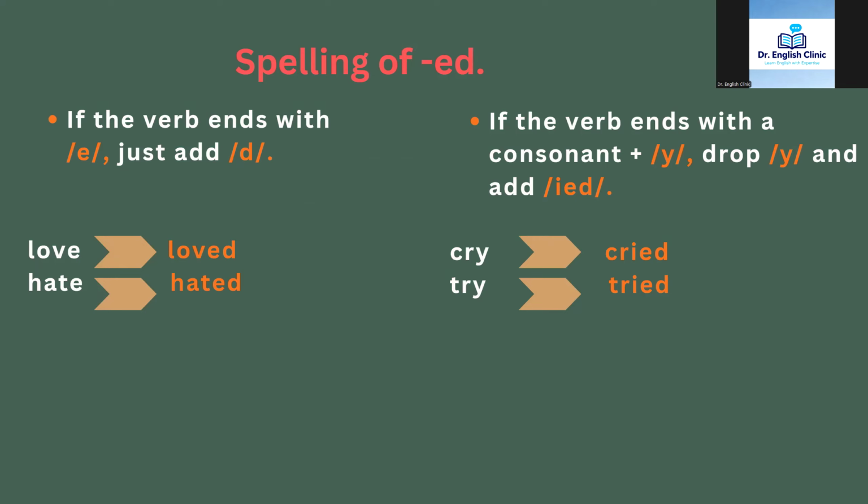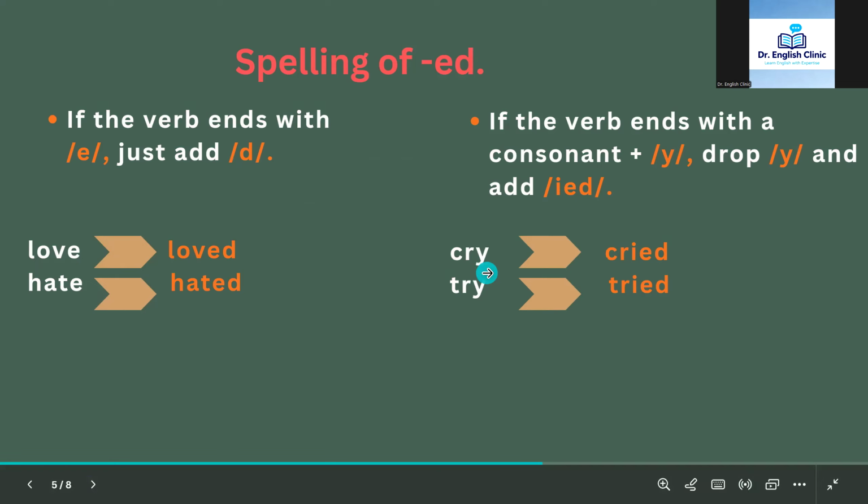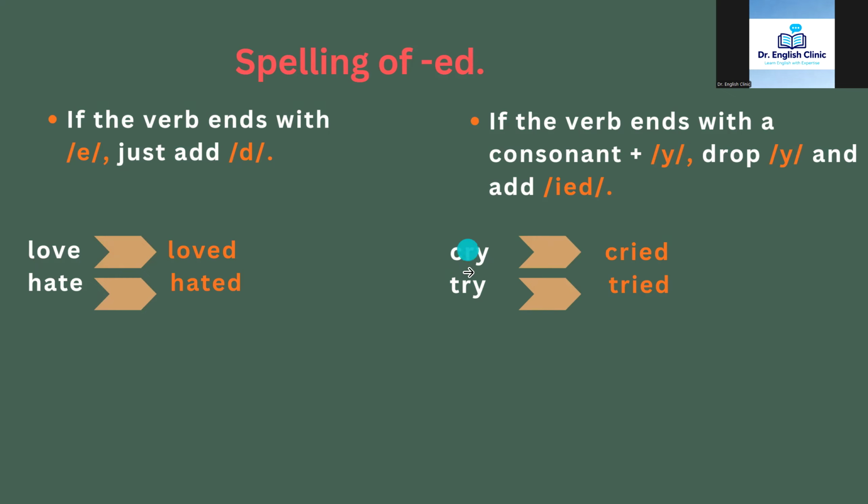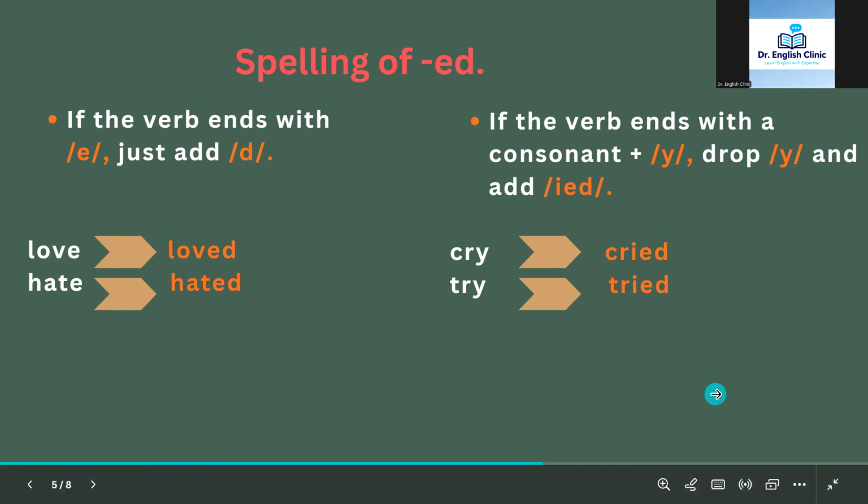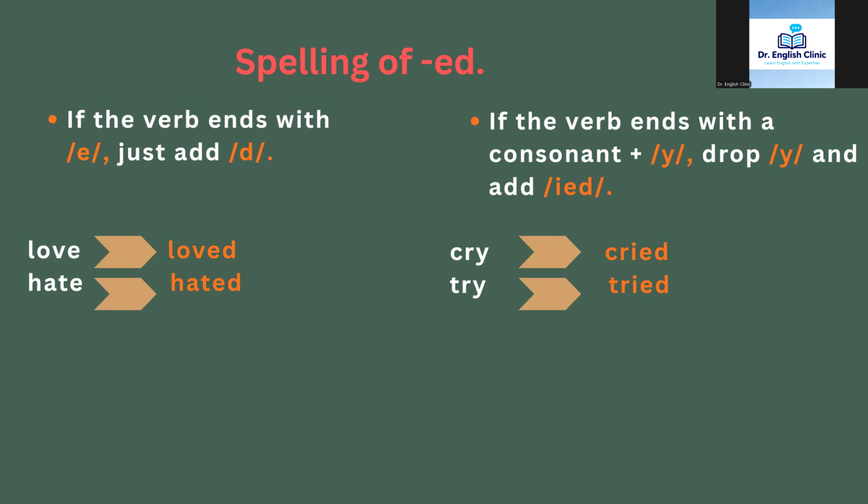If the verb ends with y, and before the y we have a consonant, like cry, or try, in this case, we change the y into i, and we add ed, like try, tried, cry, cried. Okay? But in the case of play, it ends with y, and before it we have a vowel sound. In this case, no, we just add ed.